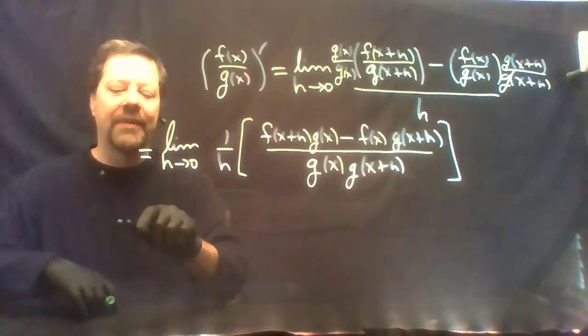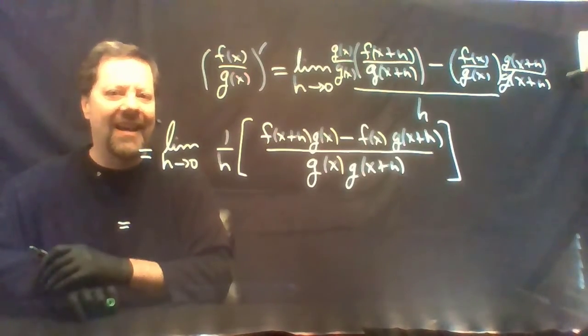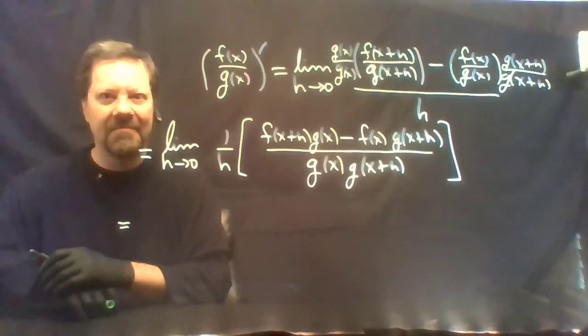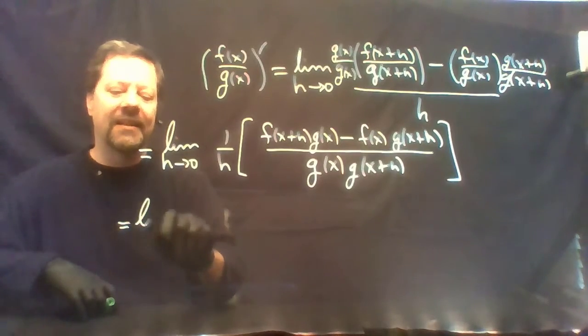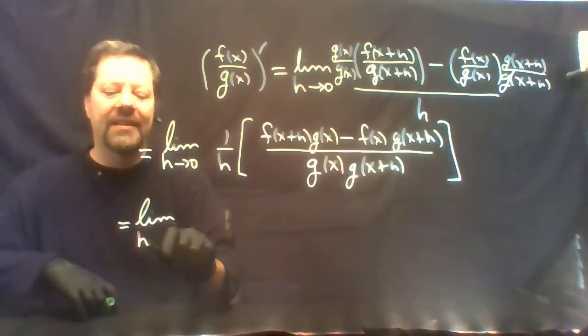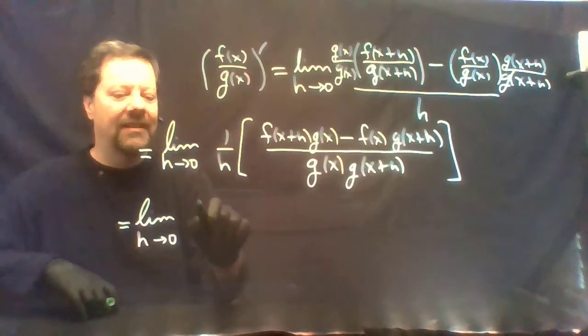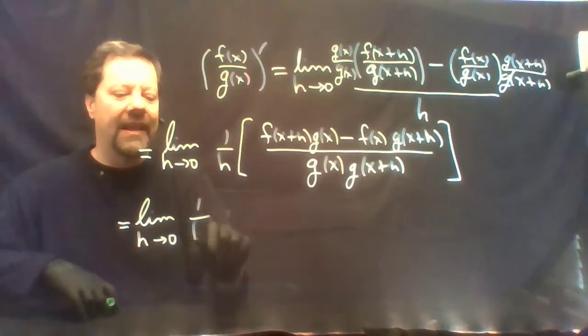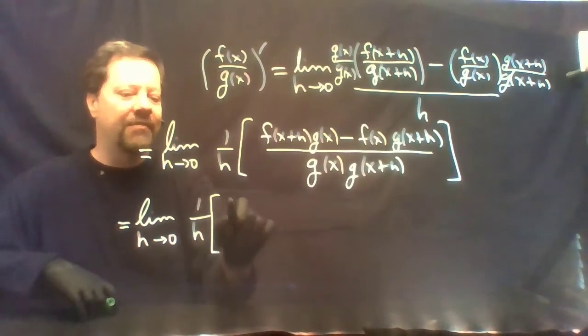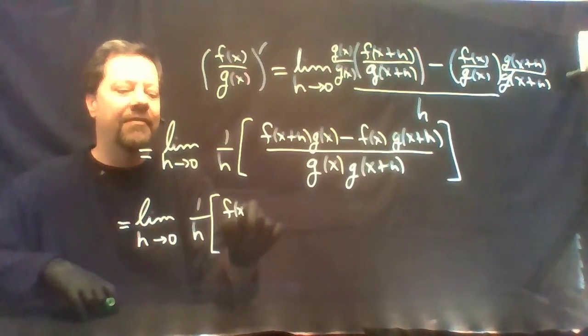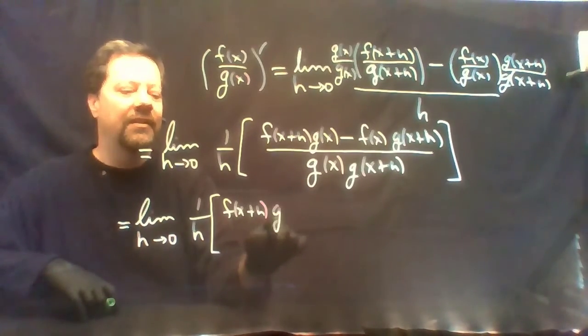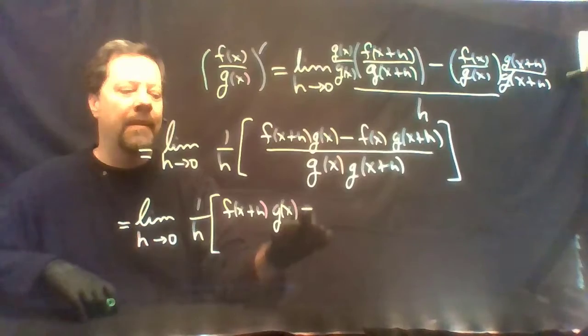It's at this point that we need to do the add 0 trick again. We'll write this as the limit as h goes to 0 of 1 over h times the fraction f of x plus h g of x.